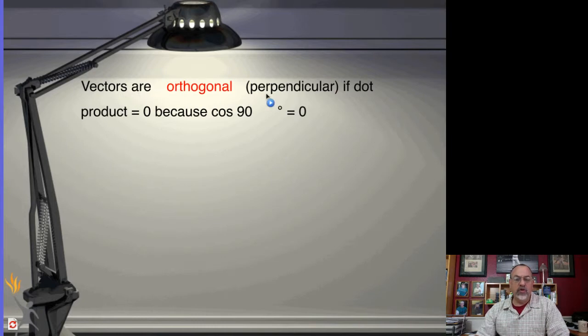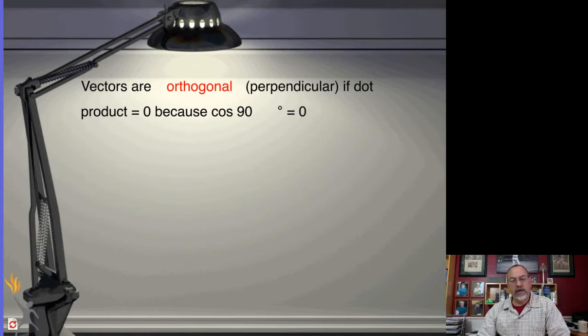Vectors are called orthogonal or perpendicular if the dot product is 0. And that makes sense to us if we take into account this previous formula. If the cosine of the angle between the two is equal to the dot product over the magnitudes, well, you remember the cosine of a 90 degree angle is 0, so that dot product over the magnitudes multiplied together must be 0.